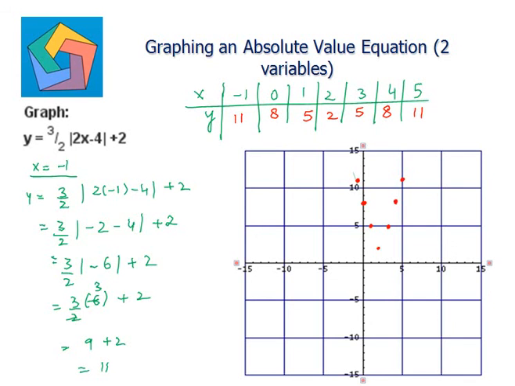So joining the required points, this is the absolute value graph for the equation y is equal to 3 over 2 times the absolute value of 2x minus 4, plus 2.